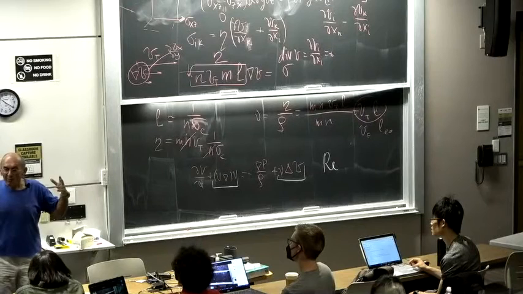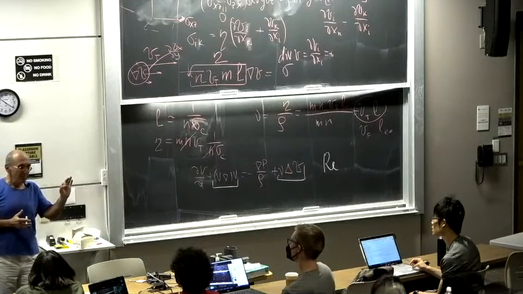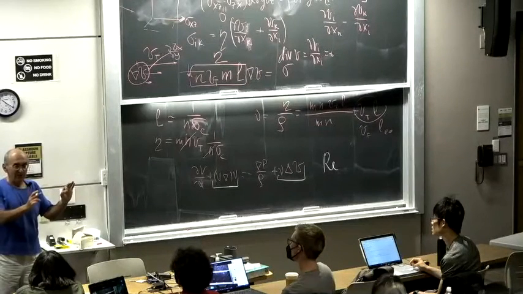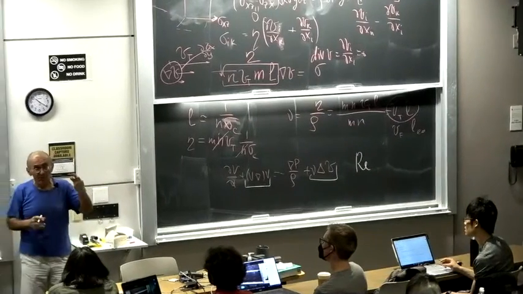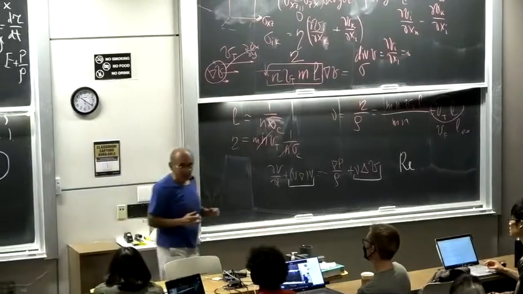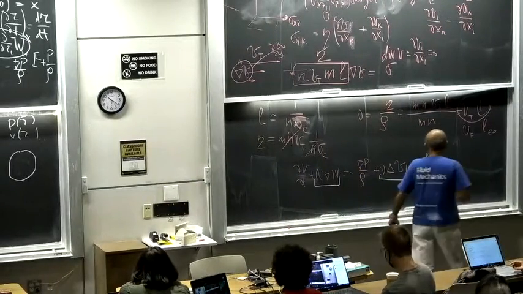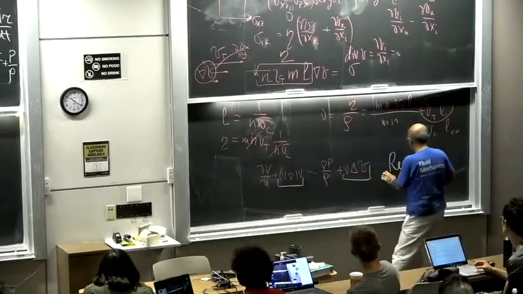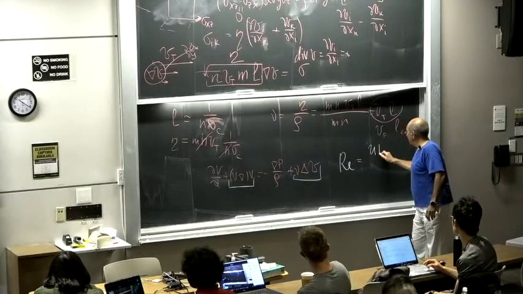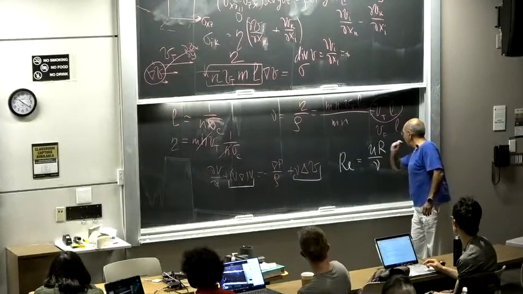If you look at all our theories, it's either a one-constant theory or a two-constant theory. Quantum gravity does not exist so far because it would be a three-constant theory, and we're just not able to handle it. Okay, so the Reynolds number is a ratio of this to this, which is u times r divided by nu.